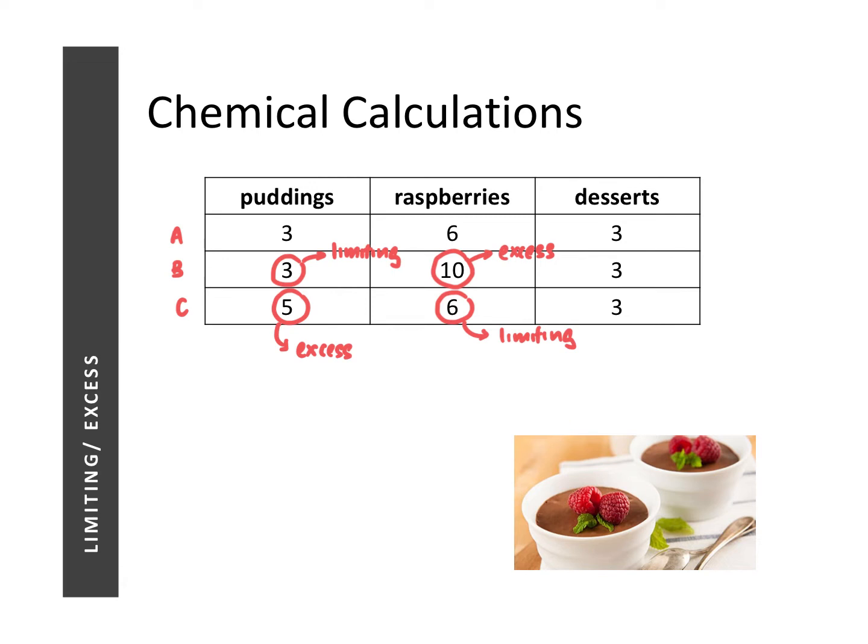In a reaction sense, we say that the reactants have been added in what we call stoichiometric ratio, meaning they have been added in just nice amounts according to the reacting ratios, such that there is no leftover of any of the reactant.